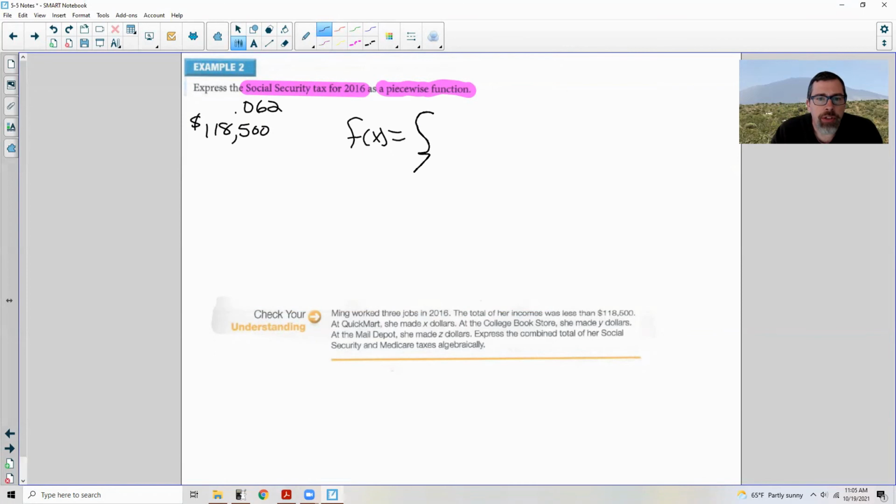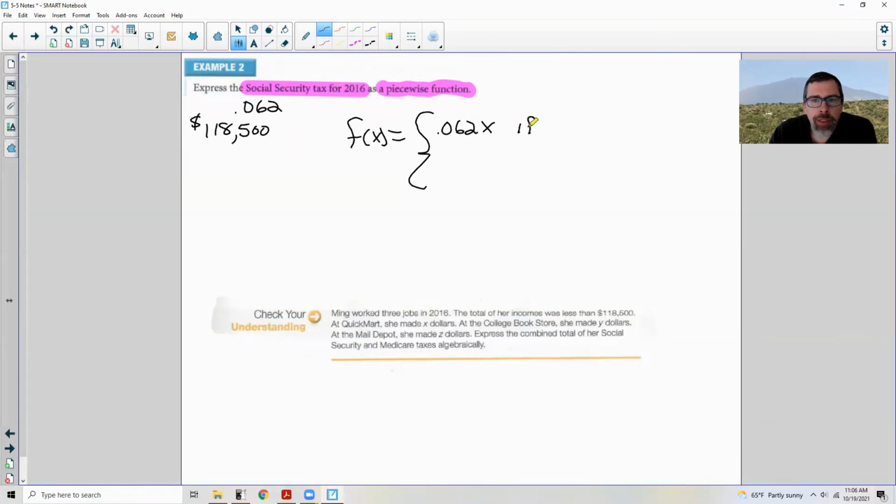A piecewise function is going to look like this. First of all, we want to come up with a formula. So we want f of x to equal 0.062, 6.2% of our income.